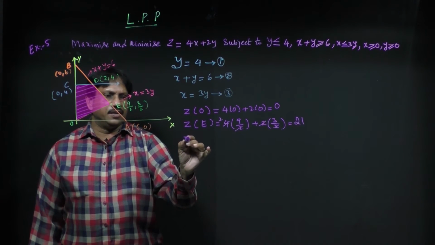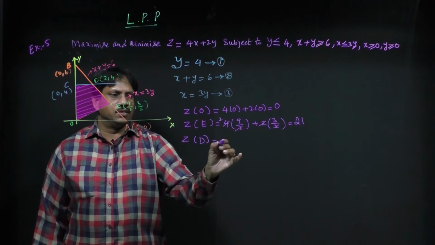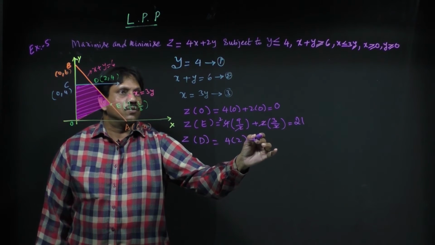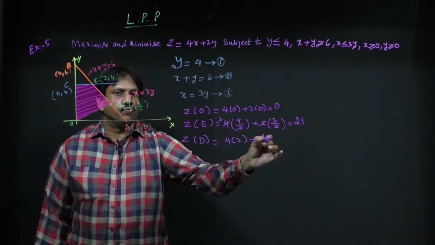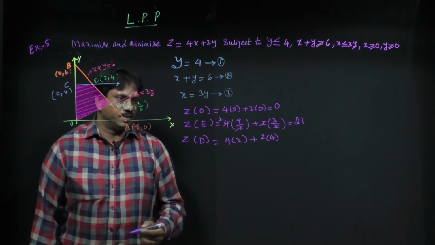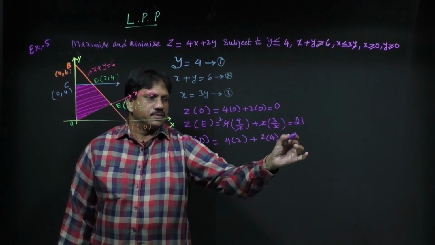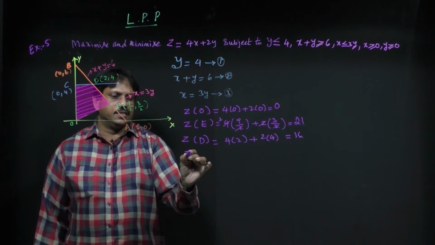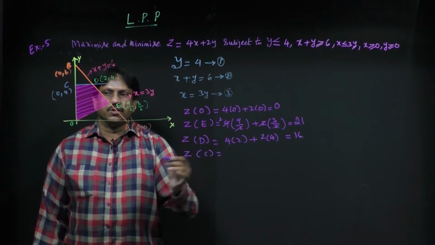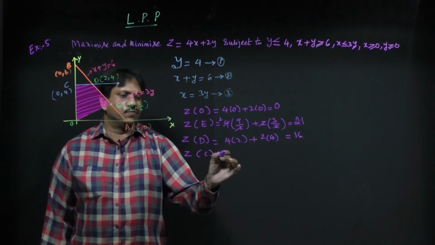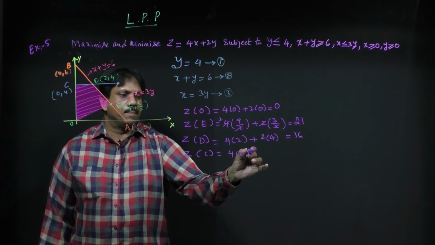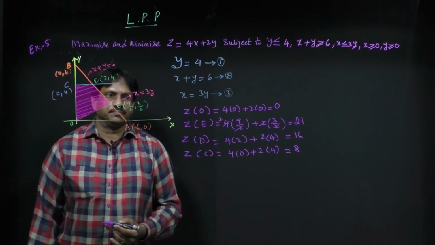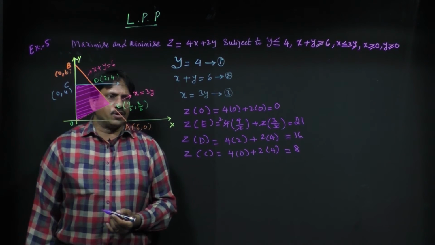Z of D value is 4 into 2, 8, plus 2 into 4, 8. The value becomes 16. And the last one is at point C, Z of C. So (0, 4) you have to substitute. 4 into 0 plus 2 into 4. The value becomes 8.